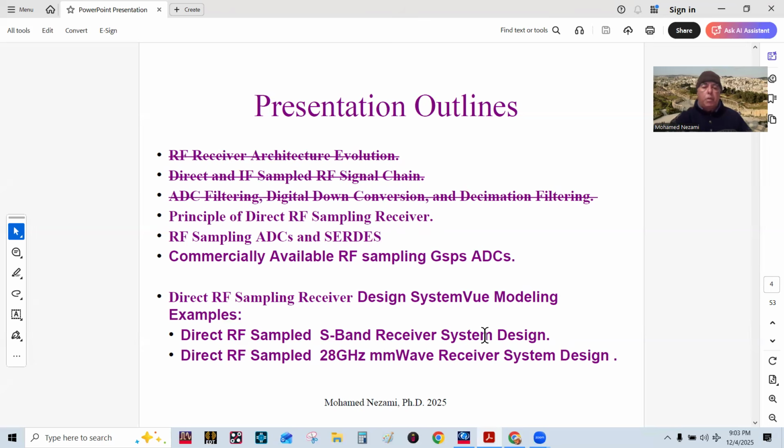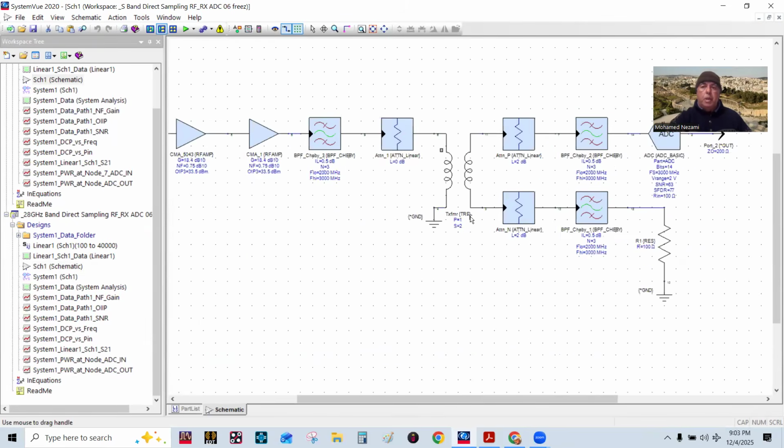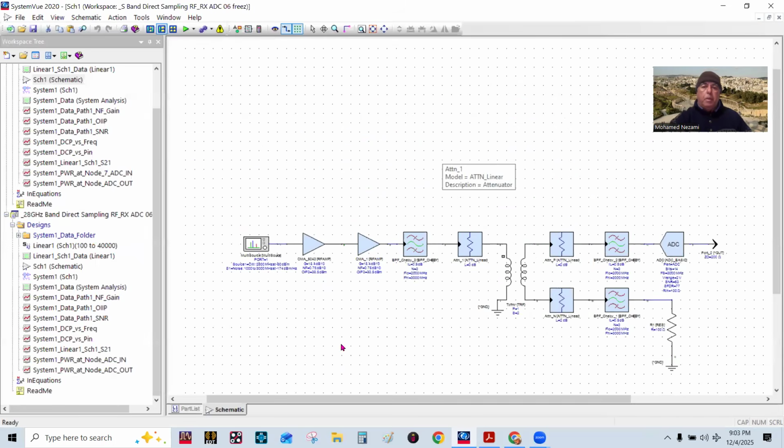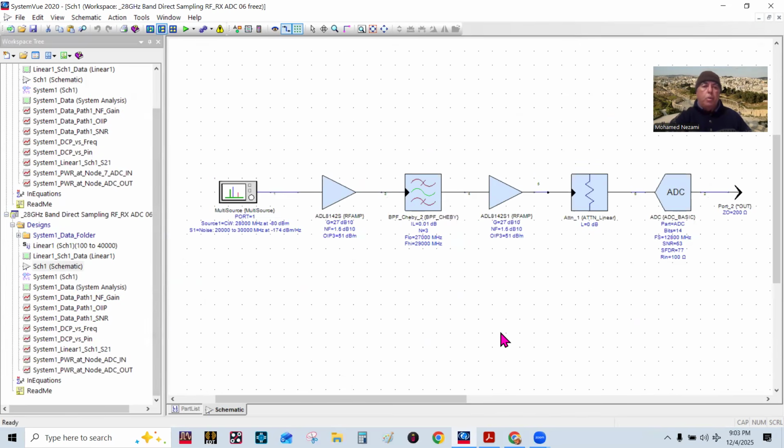I'm just going to cover two system examples. One is an S-band receiver at 2800 megahertz, and the other one is 28 gigahertz. So, okay, 10 times the frequency.